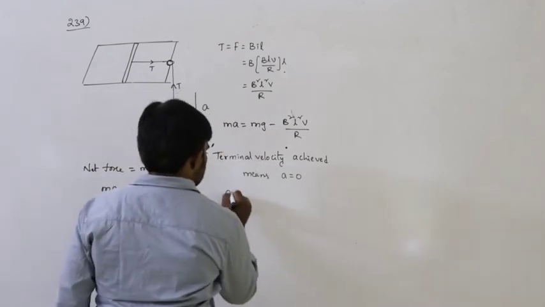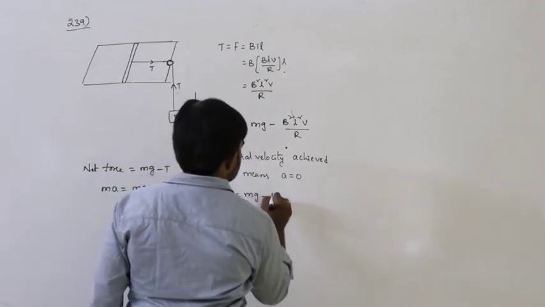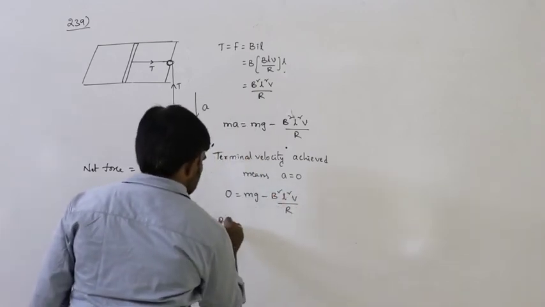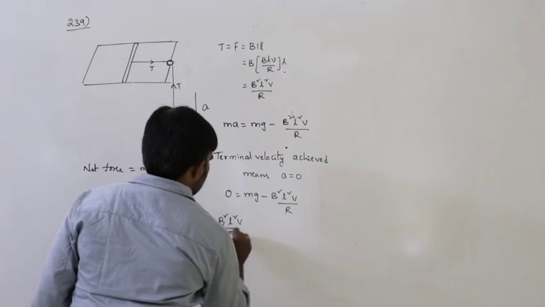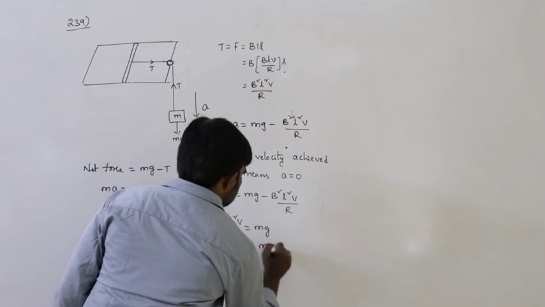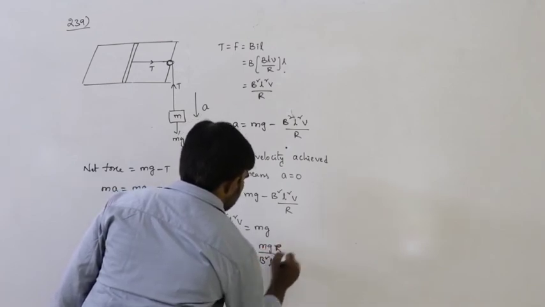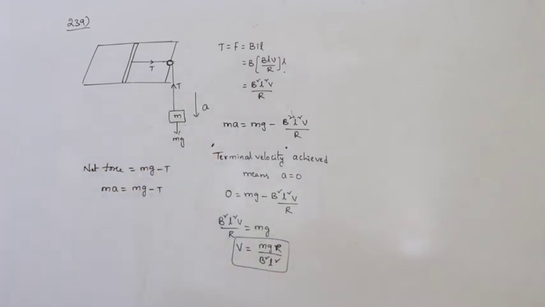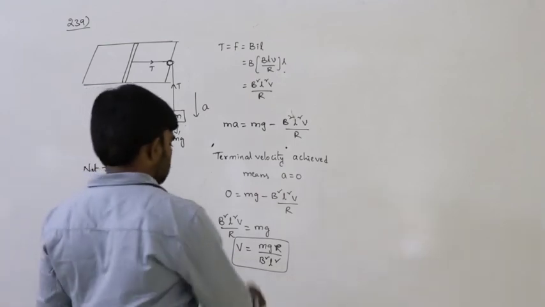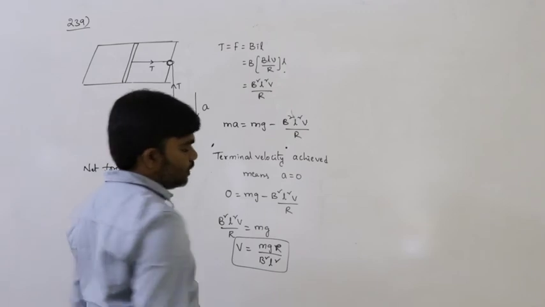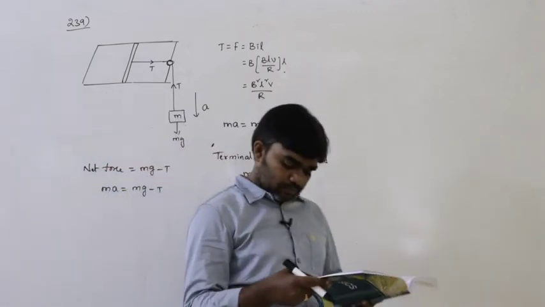So 0 is equal to mg minus B square L square V by R. From this, B square L square V by R is equal to mg, so V is equal to mg R by B square L square. That is the terminal velocity achieved by the rod.